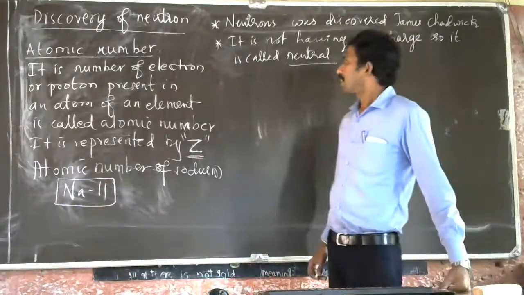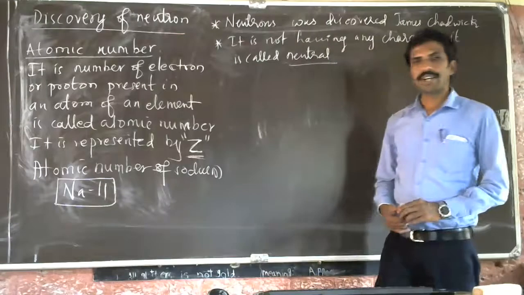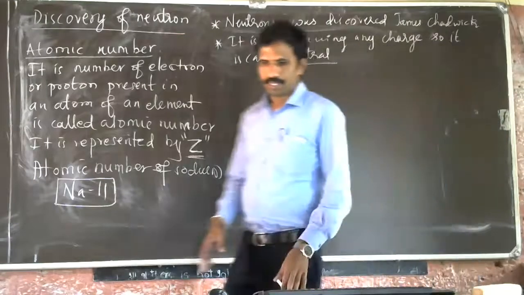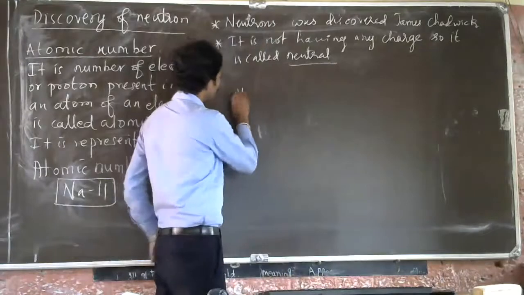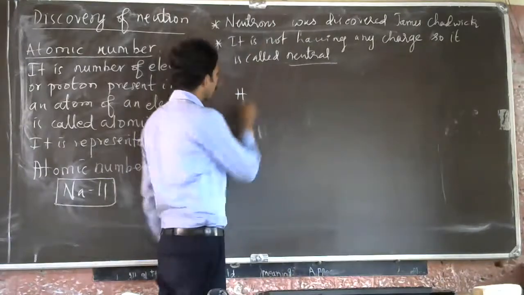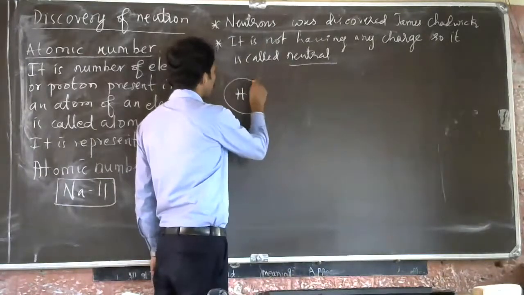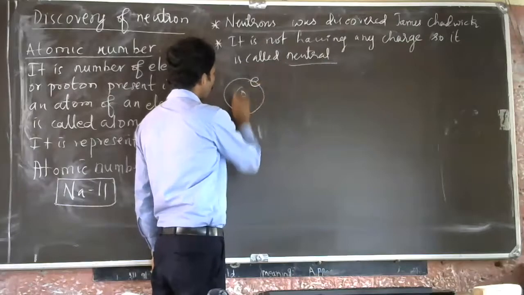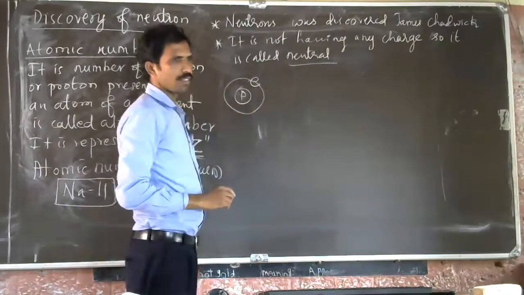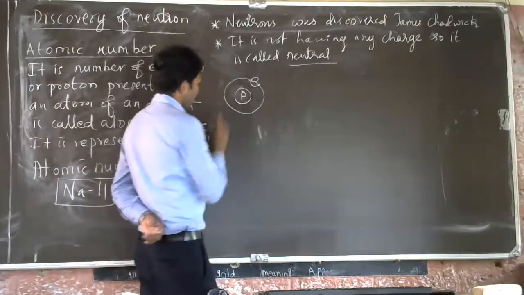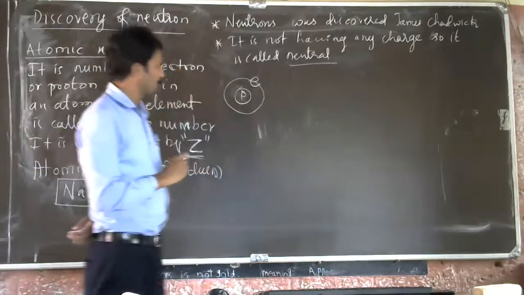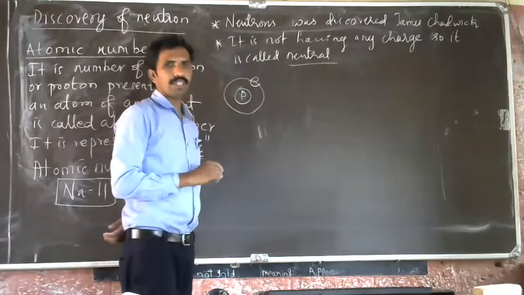Understood? Before the discovery of the neutron, it was found that if we take an atom of hydrogen, it contains one electron and one proton. Understood? Now I'll tell you about the atomic mass number.